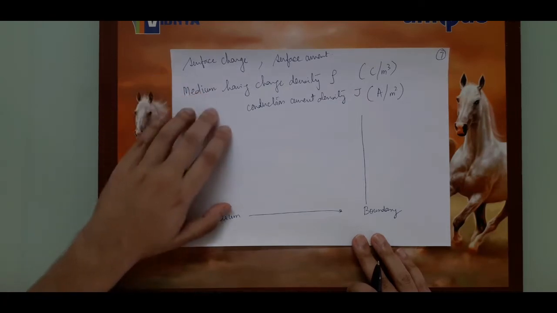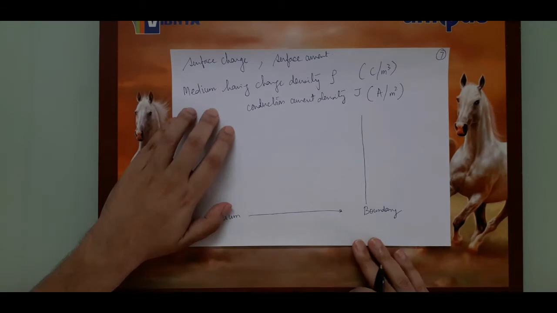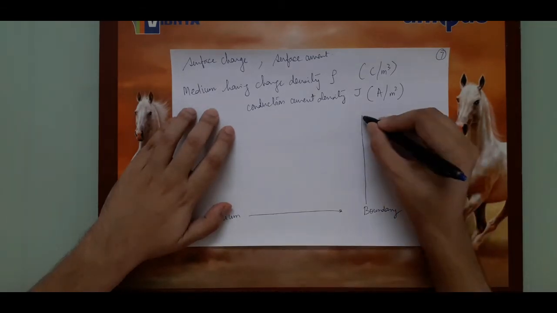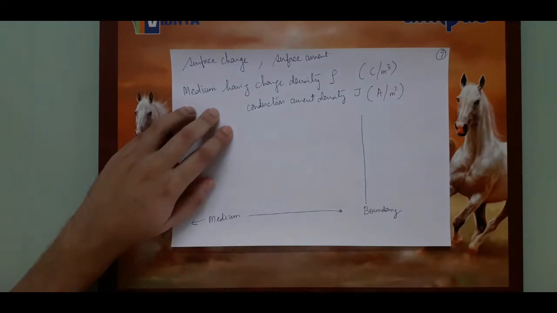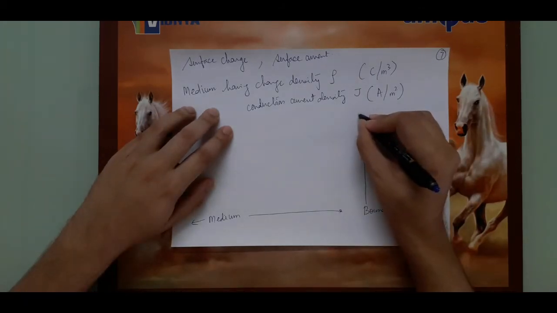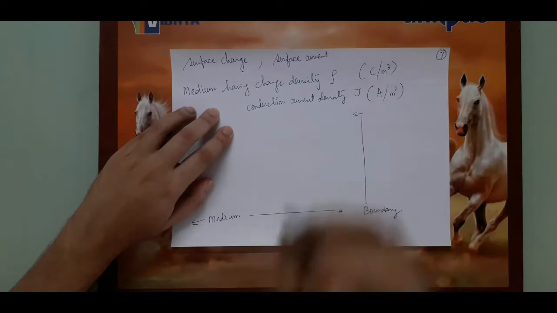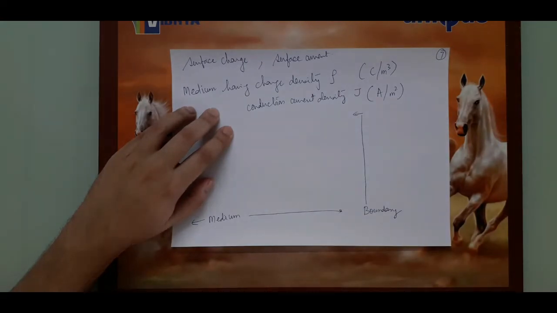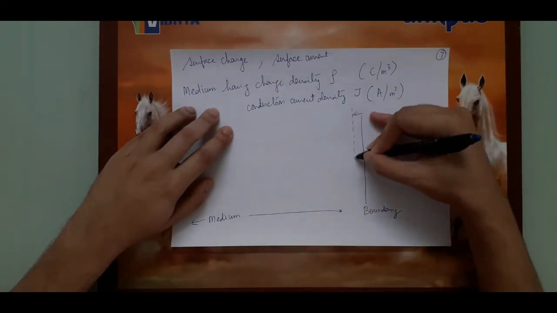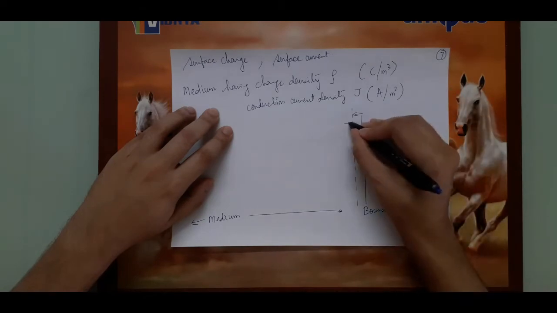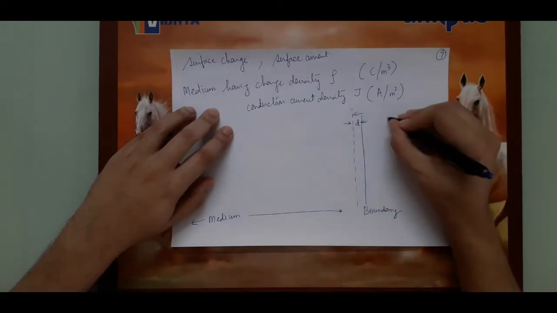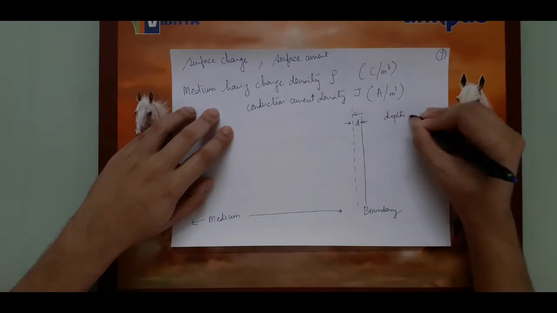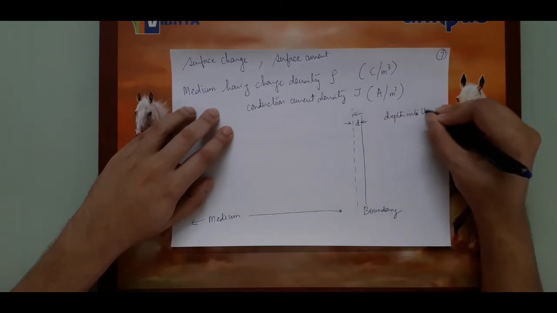So now at the boundary the medium is ending. So therefore, if I am looking from the boundary into the medium, let me define a distance called small d, distance or depth into the medium.